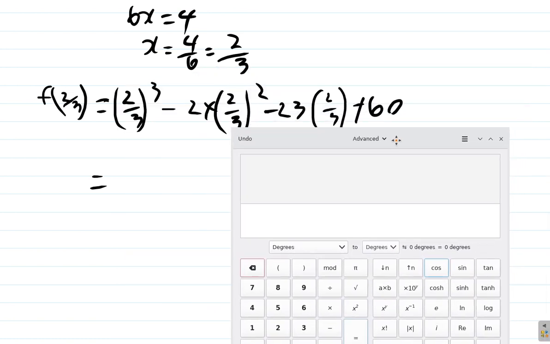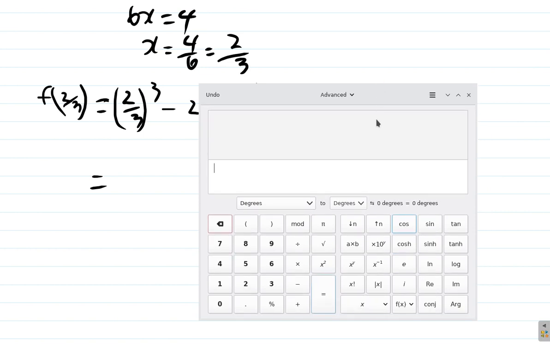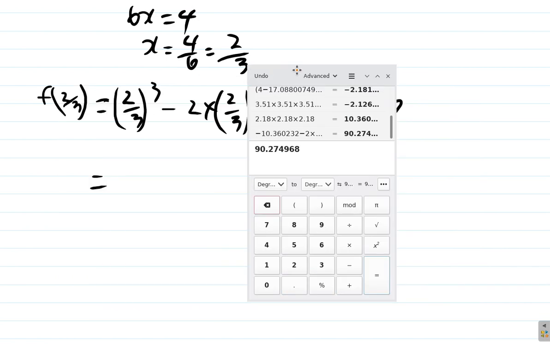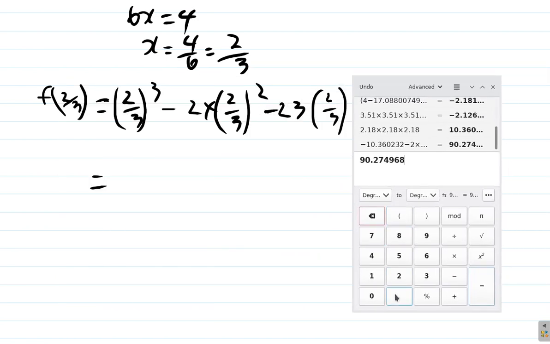2/3, let's call it 0.667. Alright, so 0.667 cubed, which means times, or to get it more accurate, let's just say 2 over 3, and then times 2 over 3 again, a third time, times 2 over 3.